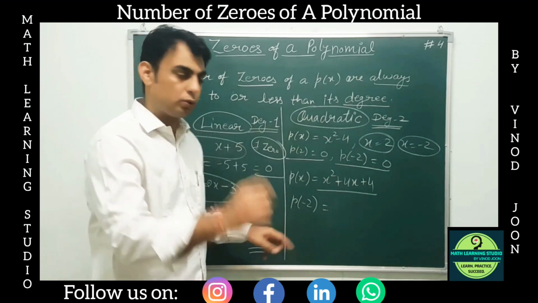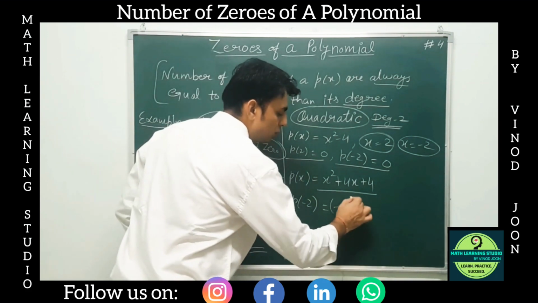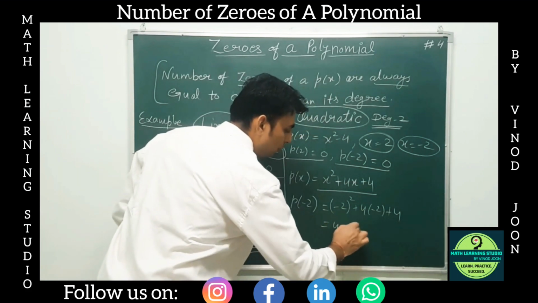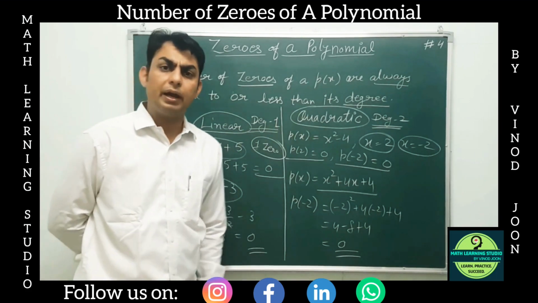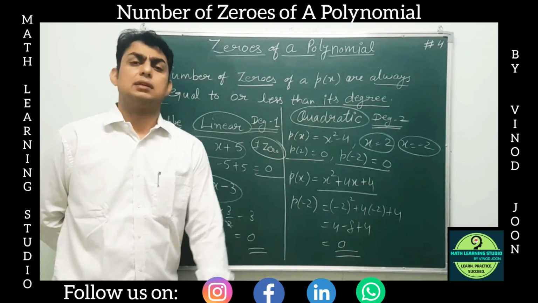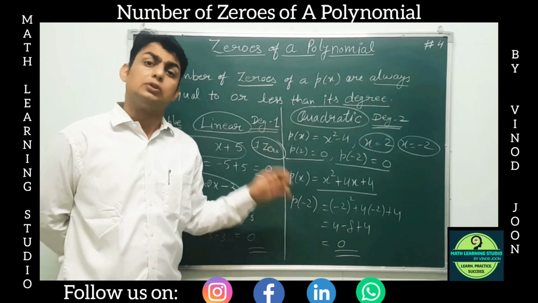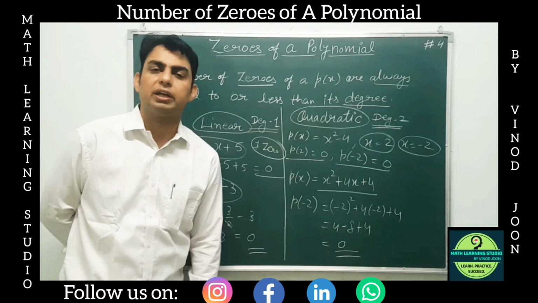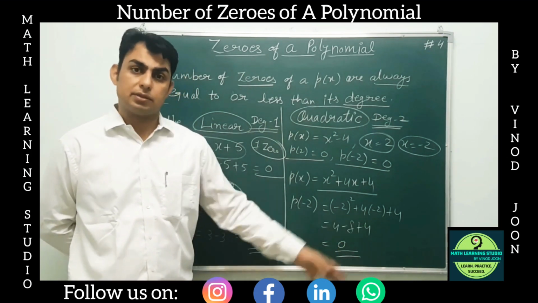That is minus 2. So yes, if I put the value of x as minus 2, I'll get minus 2 square plus 4 into minus 2 plus 4. So it will be 4 minus 8 plus 4, and that equals 0. So this very polynomial x square plus 4x plus 4 has just 1 zero, and it is equal to minus 2. So x equals minus 2 is a zero, and it will not have any other value of x which will make it 0.